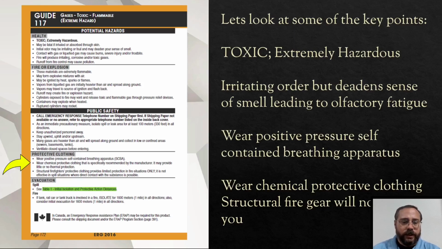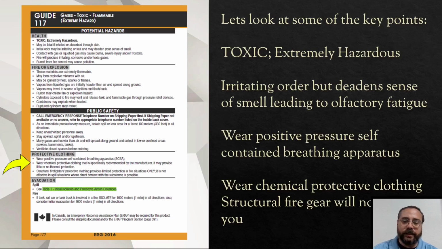Protective clothing. Now, this is a section that I tend to harp on. The only appropriate PPE when you do not know the concentration of cyanide is level A, fully encapsulated suit with self-contained breathing air. That is the minimum PPE.